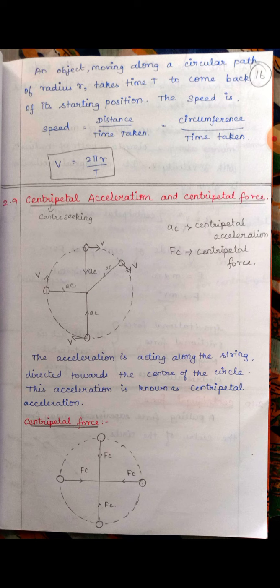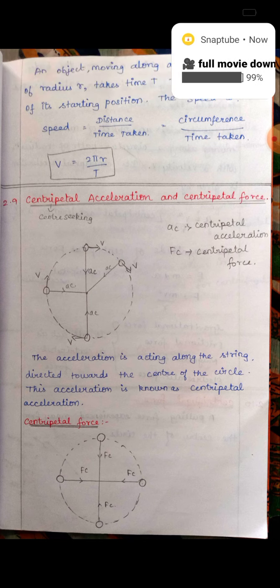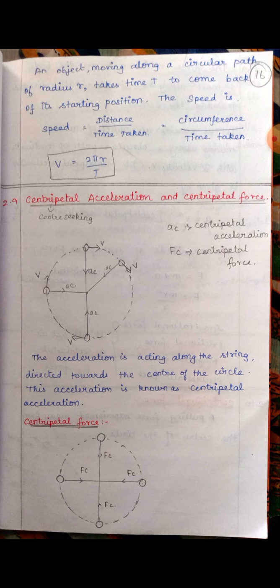Now, see here. An object moving along a circular path of radius r takes time t to come back to its starting position. Next, what is the formula for speed? Speed is equal to distance by time taken.